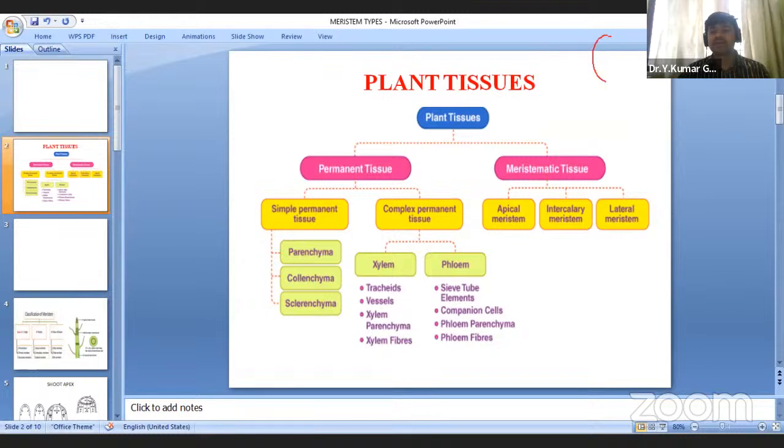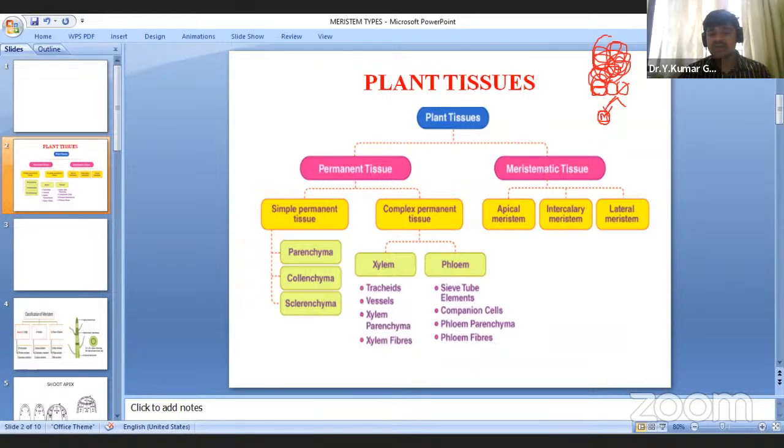This embryonic cell divides into two cells. From the embryonic cell, meristematic cells are formed. M for meristematic.